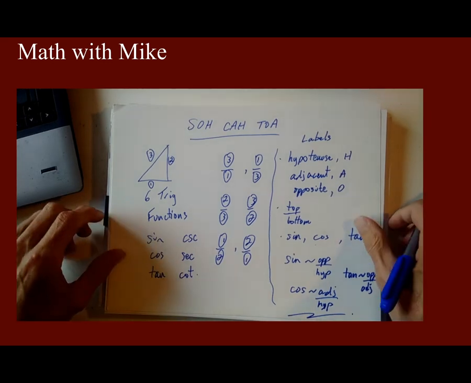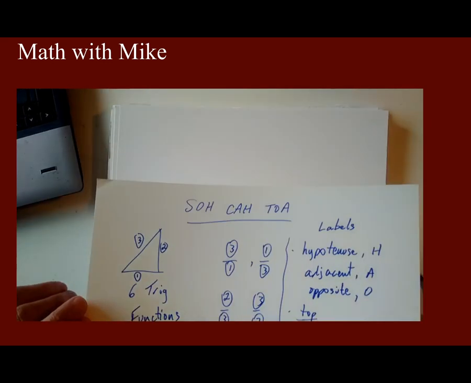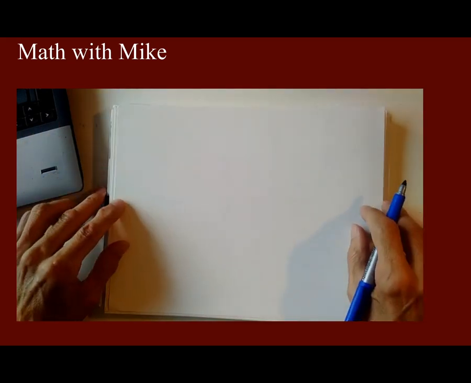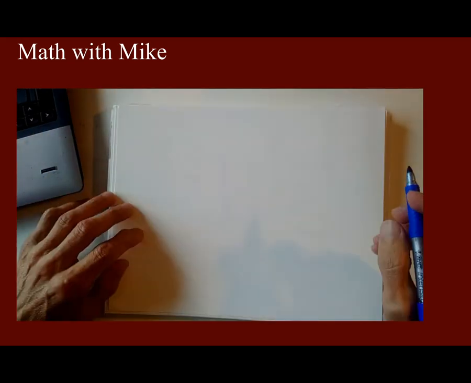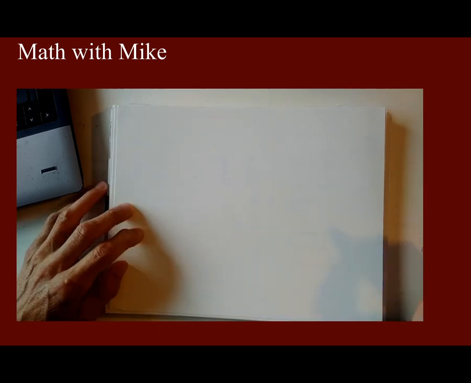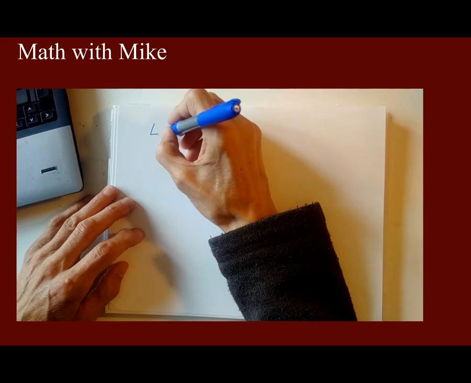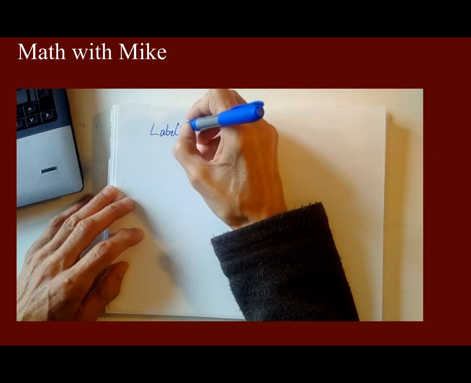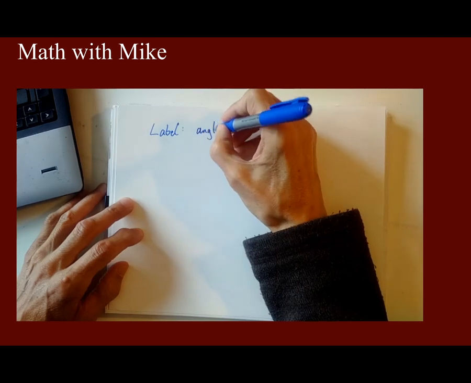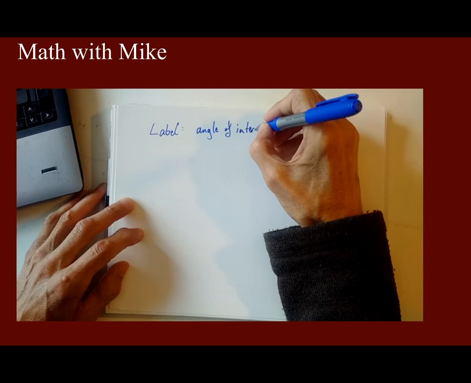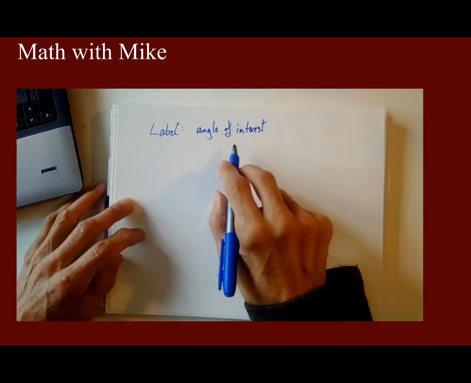So, in conclusion for this part 2 of the intro, the second part, the last part actually. What we talked about was labeling the triangles, and it's super important that you keep track of where the angle of interest is, as we called it, or the angle we're working with.